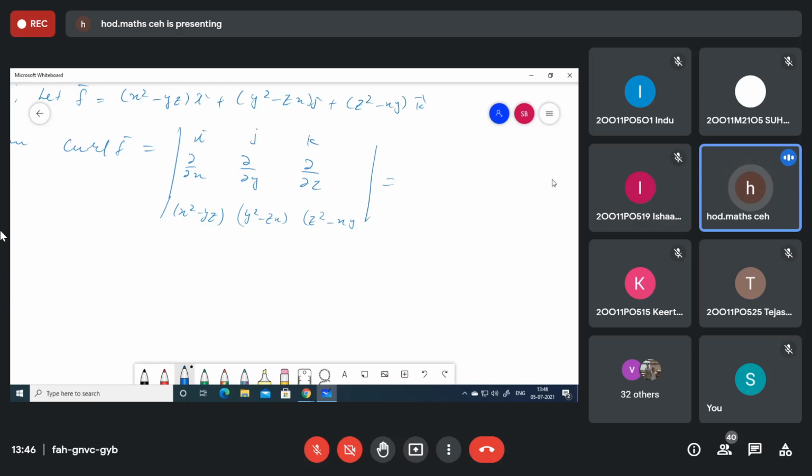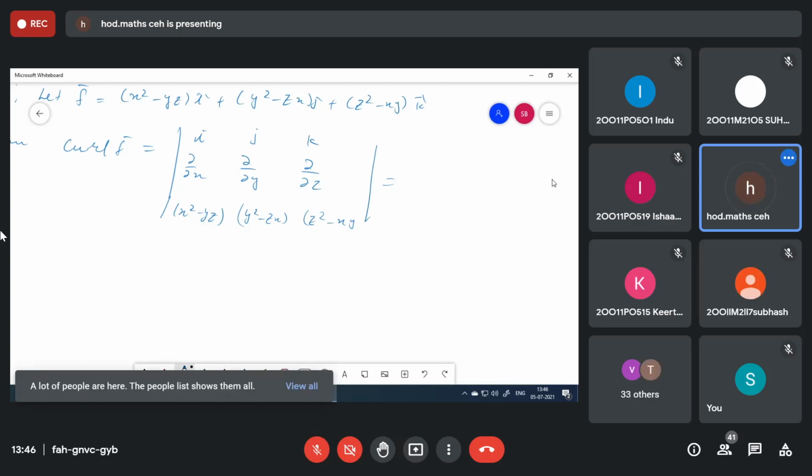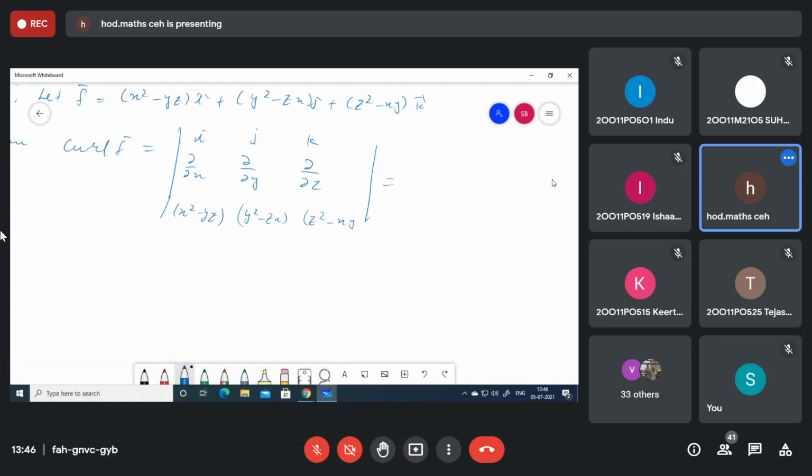What is the result? Calculate the curl of f bar. Got it?